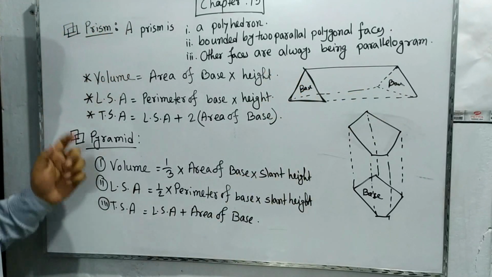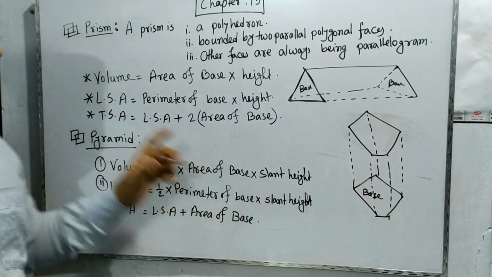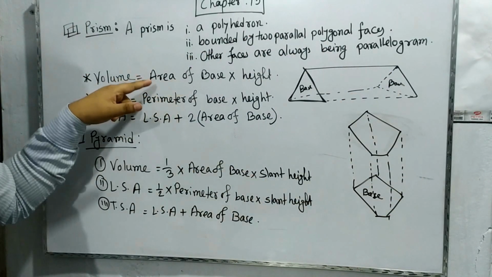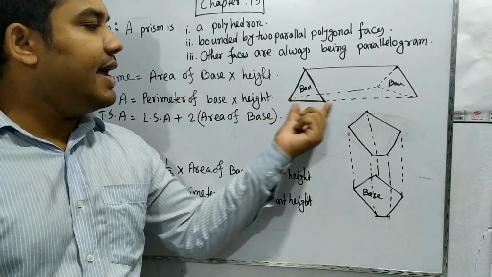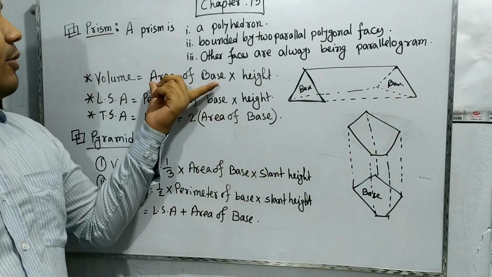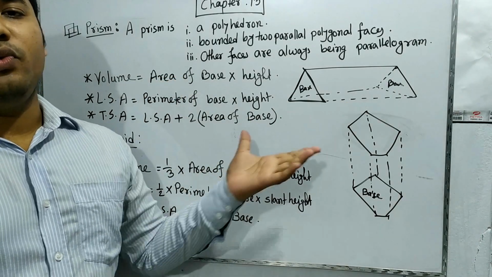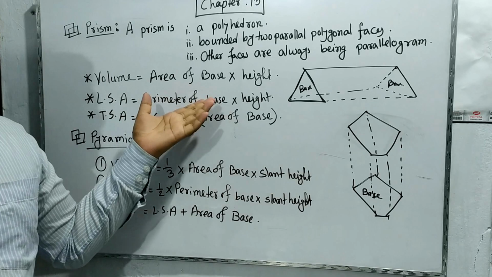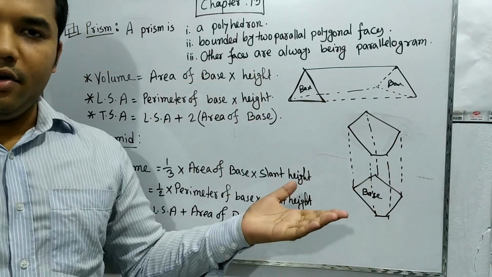Okay. So the volume of this prism is the area of the base times the height. We just need to find the area of the base. Why are we talking about the area of the base? Because we don't know which type of polygon we will take. If we take the base as a triangle, then we have to find the area of the triangle.